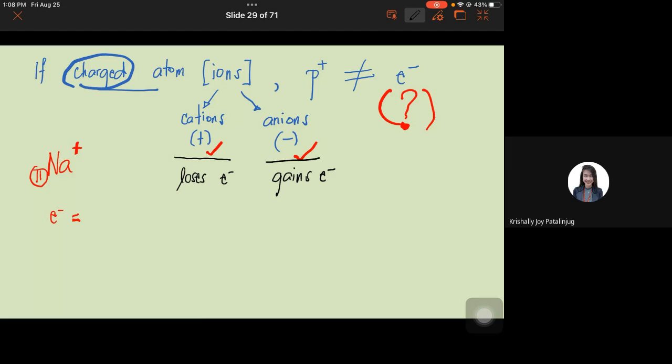Okay, so do not confuse the negative sign as subtracting or minus. Okay, so for you to easily recall that if it is a negative sign, it is about gaining or adding electrons, you have to recall the charge of this particle. What is again the charge of electron? Is it a positive or a negative particle of atom?